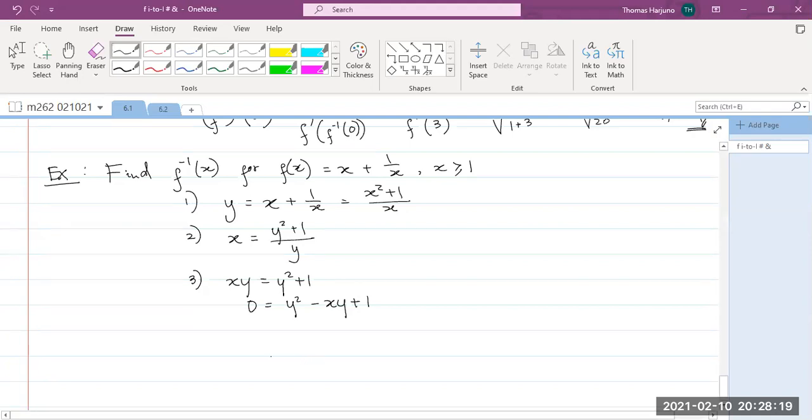Now then, we want to solve for y. I will use the quadratic formula. So y equals negative b plus or minus the square root of b squared minus 4ac, over 2a.